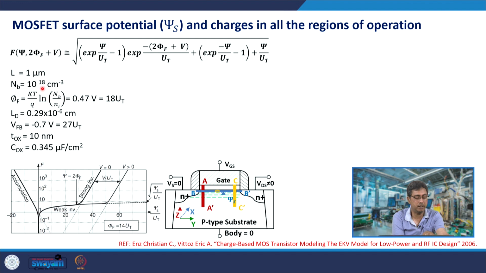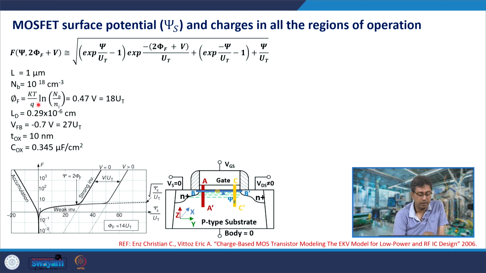The channel length is fairly large, so you can apply the long channel approximation. The body doping density here, we are assuming to be uniform and this much, which also corresponds to the typical values seen in planar devices.